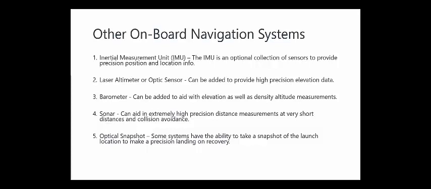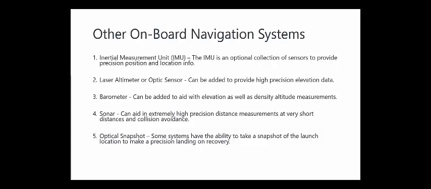The inertial measurement unit is an optional collection of sensors that provide precision position and location information for advanced or more expensive UAS. Laser altimeters and optical sensors can be added to provide high precision elevation information, as well as information about 3D structures and environments that the UAV can operate even inside of, such as rooms and buildings.